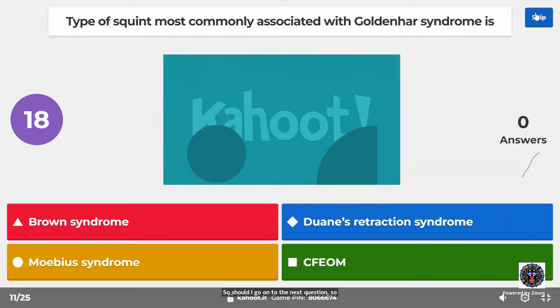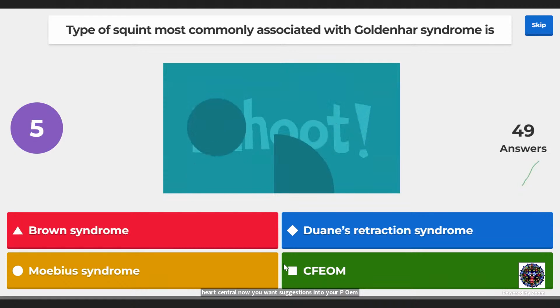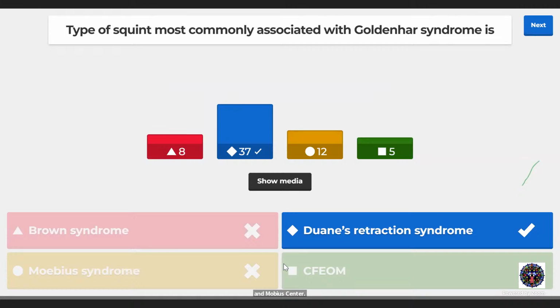The type of squint most commonly associated with Goldenhar syndrome: Brown, Duane's retraction syndrome, CFEOM, and Moebius syndrome. Most of you would have seen this clinically. Perfect.